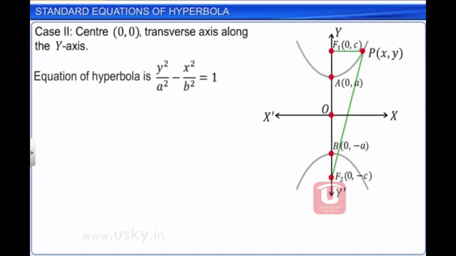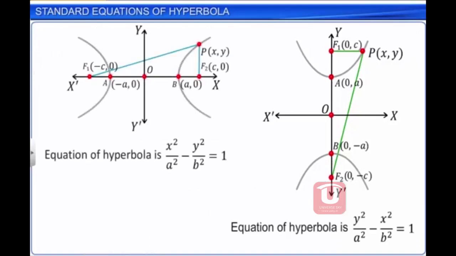The equation is y squared upon a square minus x squared upon b square is equal to 1. These two equations are called the standard equations of a hyperbola having its center at the origin and the transverse axis along the x or y-axis.